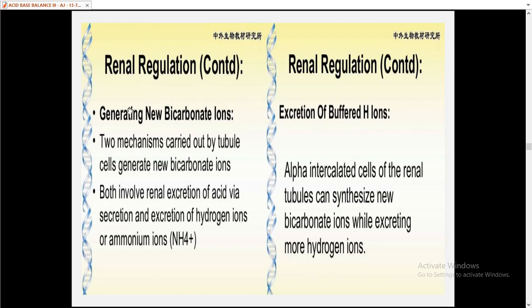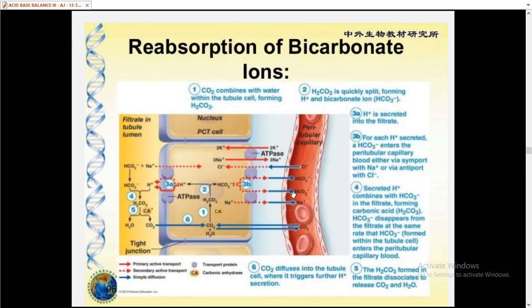In renal regulation, there is continuous generation of new bicarbonate ion, which is increasing the alkali, which is forming the alkali reserve. While excretion of buffered hydrogen ions, which is seen in alpha intercalated cells of the renal tubules, synthesizes new bicarbonate ion while excreting more hydrogen ions. This is the reabsorption of bicarbonate ion.